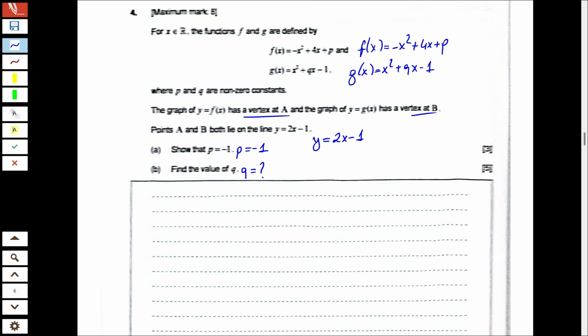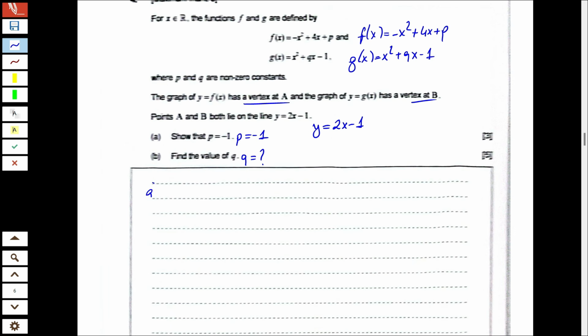Okay, let's start first with f of x, which has a vertex at A. What's the vertex point? If we call the vertex point V, with coordinates r and k, I know r equals minus 4, which is the coefficient of x, I mean, minus the coefficient of x divided by 2 times the leading coefficient, which is minus 1.